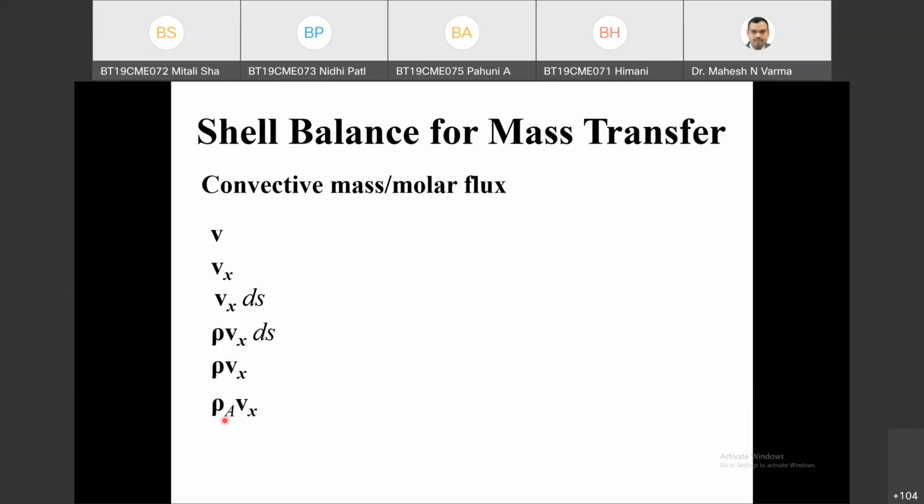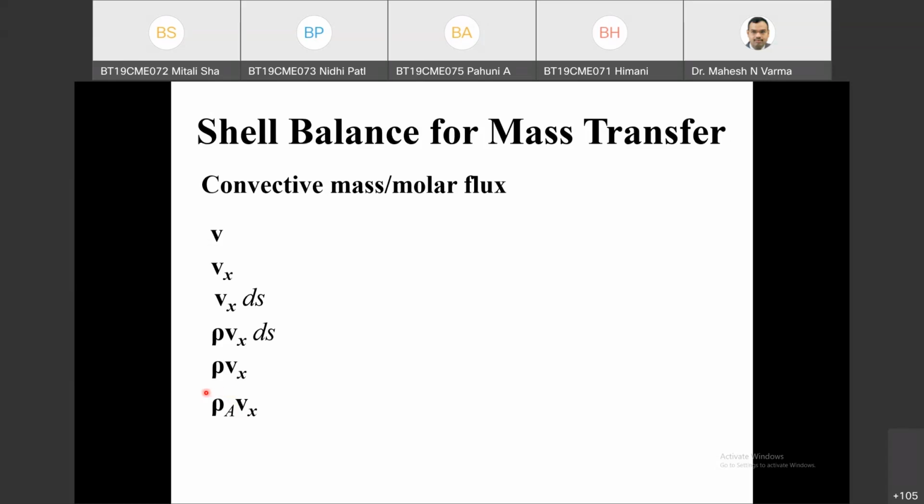Now rho A. There can be some density relation: you can have some additive property or some statistical equation you can arrange based on composition. Say it consists of 10 components. Based on that, you can have a relation between an individual density and the total density. Say this is the individual density.